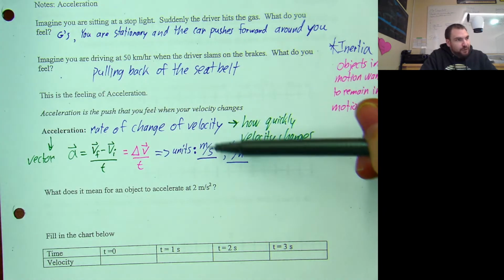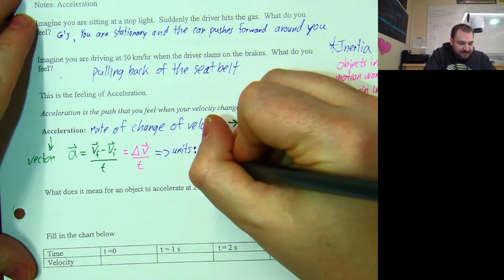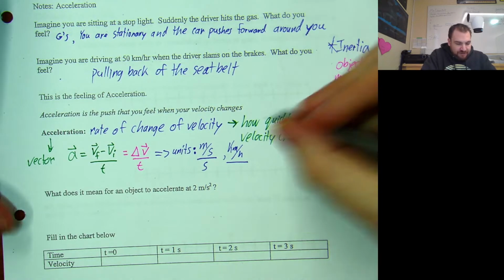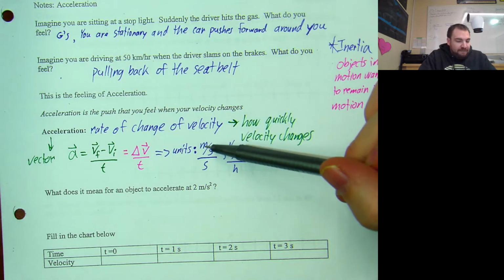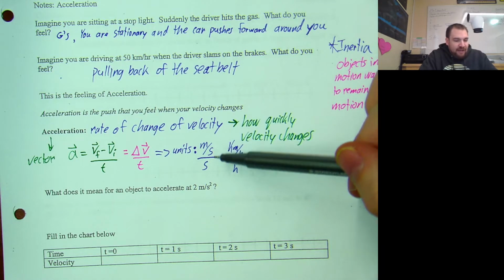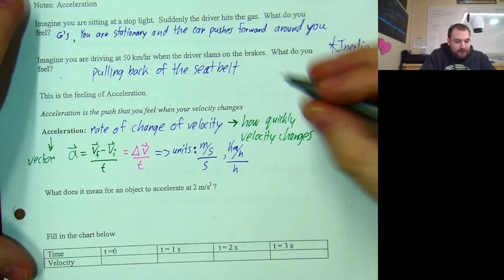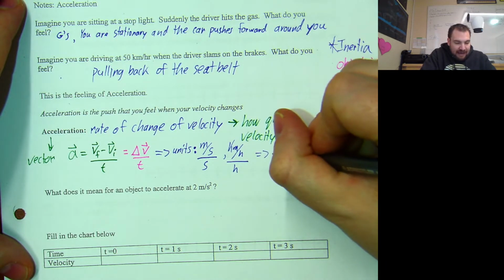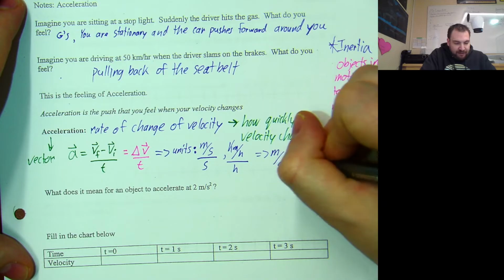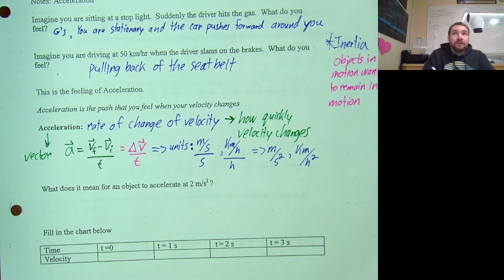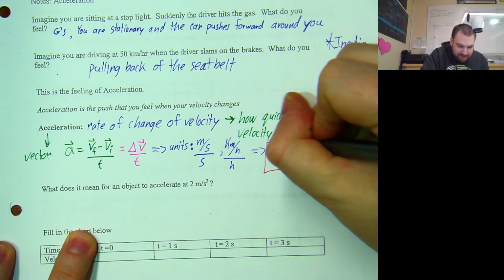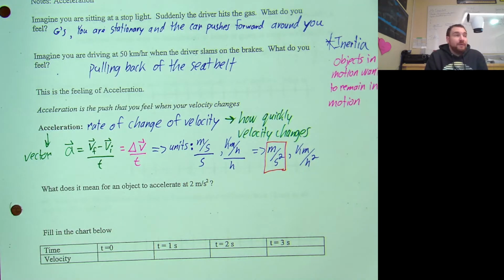So I'm going to have a meter per second divided by seconds, or I'm going to have a kilometer per hour divided by hours. When I have a meter divided by seconds and then that thing also divided by seconds, I can rewrite this thing as a meter per second squared or a kilometer per hour squared. This is the set of units that we use.